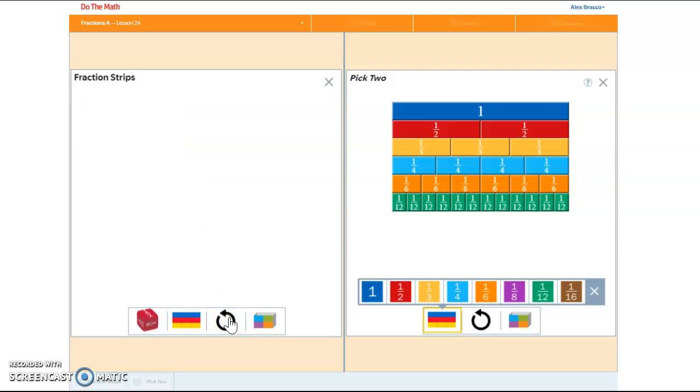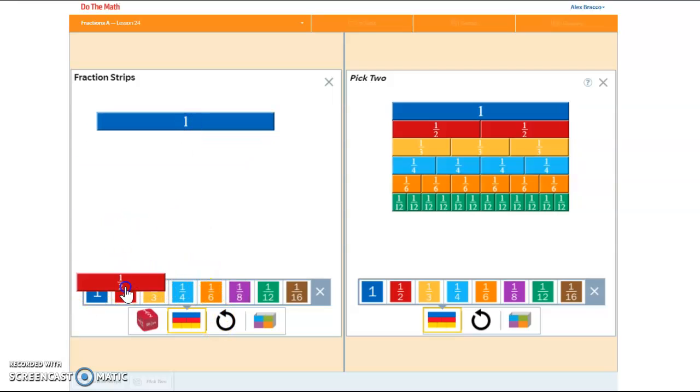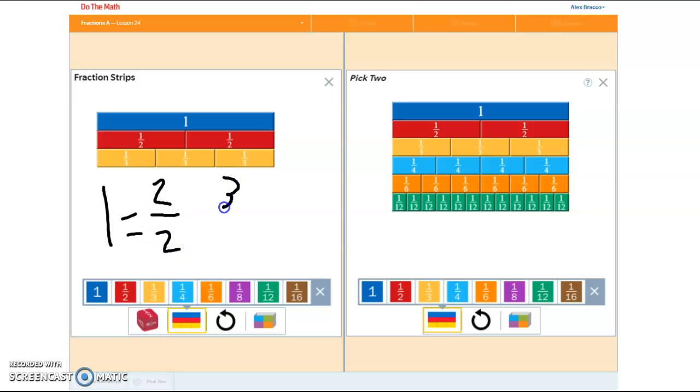What fraction equals 1? Well, when you think about it, friends, if I were to put a 1 strip up, it'd be 2/2, 3/3. I hope you're saying this along with me, and so on. 4/4. So, friends, 1 would equal 2/2, 3/3, 4/4, and so on.